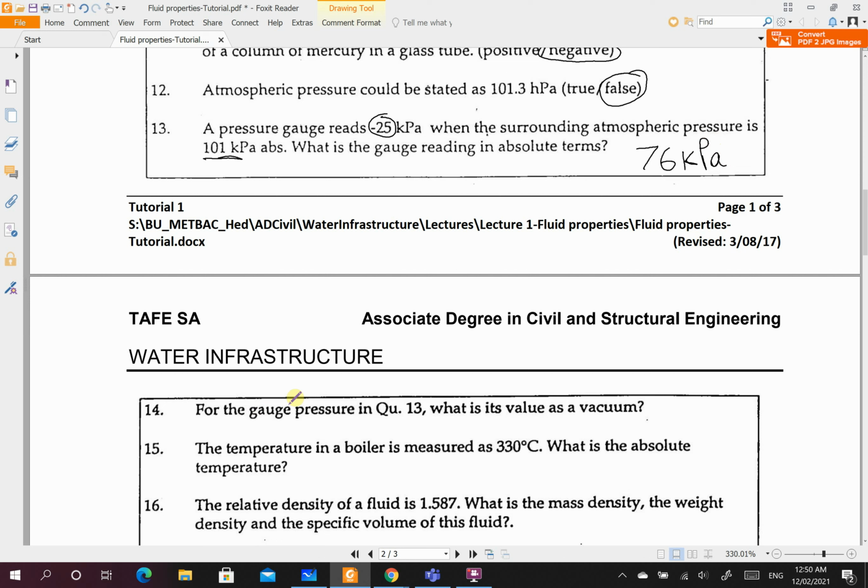Cool. For the gauge pressure in question 13, what is the value of its vacuum? Alright, so looking up here, the vacuum is 25 kPa. Sorry, my laptop's not finding this the easiest to write on.